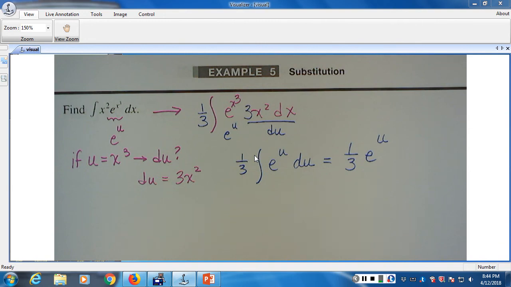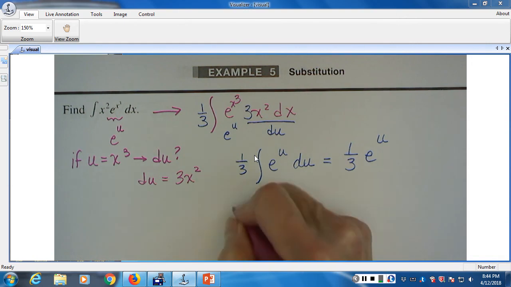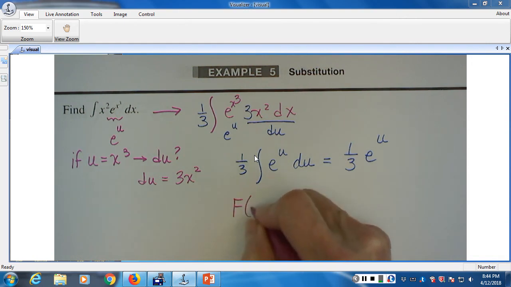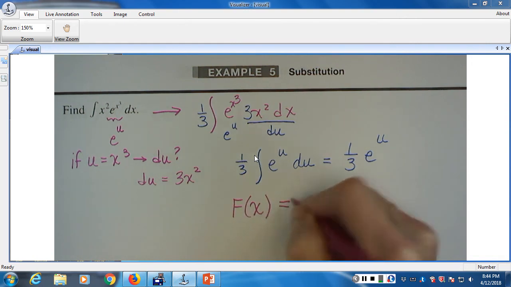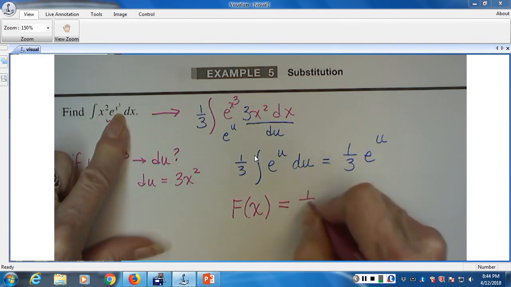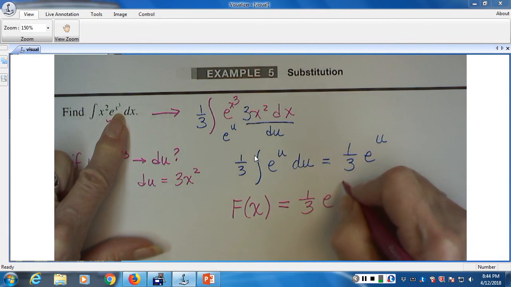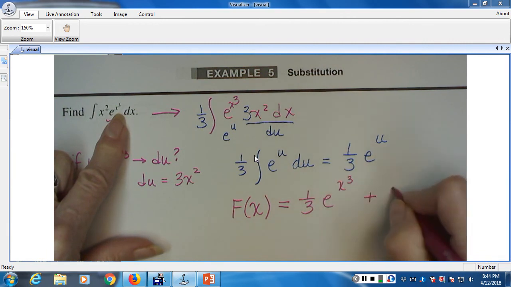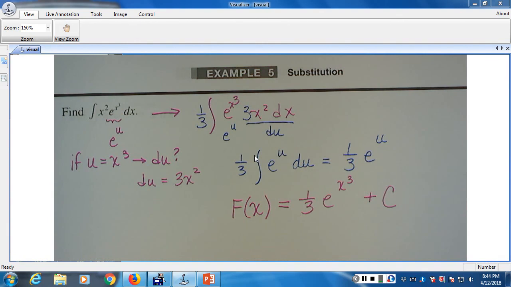So then all we do is go back and change u out for what it was to start with, and what it was to start with was x to the 3rd. And then add the constant to it. And if you wanted to write that as e raised to the power x to the 3rd divided by 3, that would be okay also. You can do that or keep the fraction, either one. Okay?